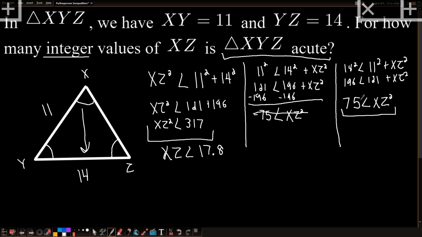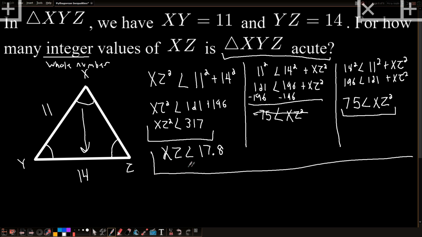And since we need it to be strictly less than, with integer values, let's combine this information together. So integer means whole number, basically. So how many whole values could XZ possibly be?